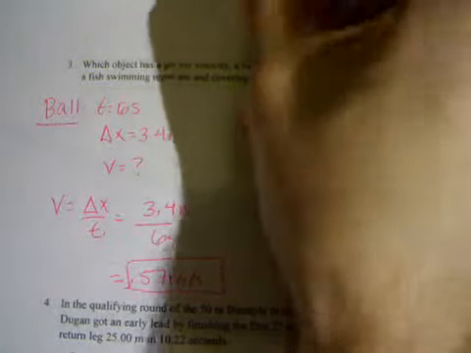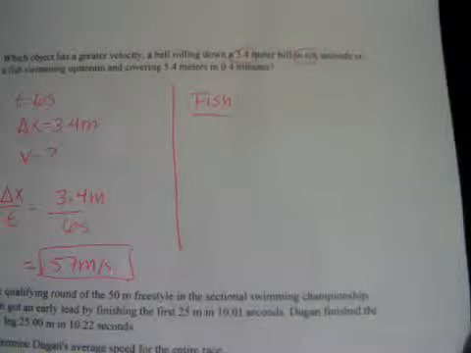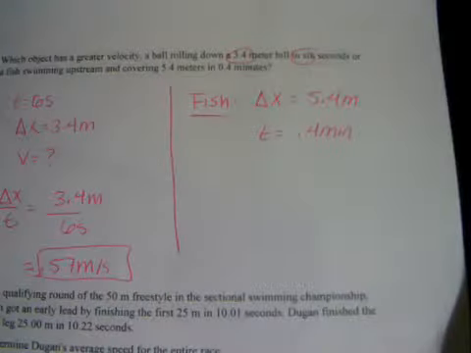Versus the fish. Okay? Again, labeling out everything. So the fish change in x traveled 5.4 meters, and traveled 0.4 minutes. So this is the catch. We have to make sure that we're converting those minutes to seconds, okay? So to do that, we create some kind of conversion factor.